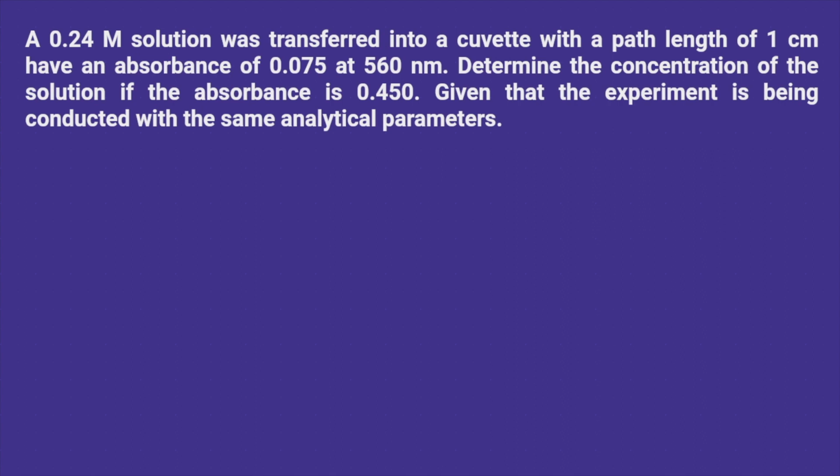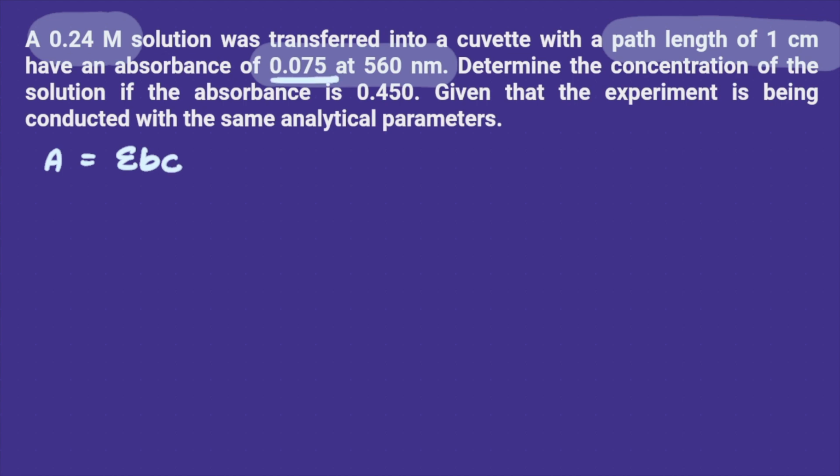In this question, you were given the concentration and then the path length and also the absorbance along with the wavelength. Therefore, from here, we can use the formula absorbance is equivalent to epsilon Bc.